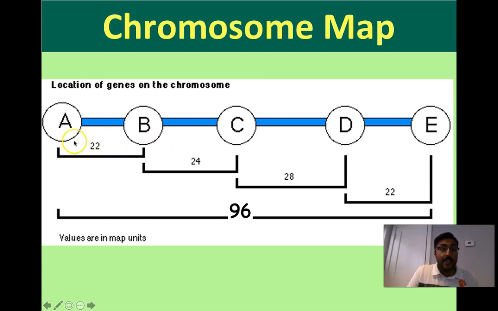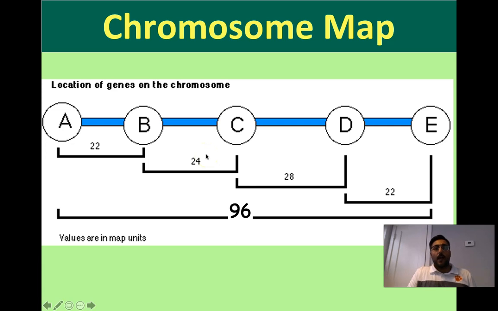Or I could say that A and C are 22 plus 24. So gene A and gene C are 46 map units apart, right? A and C are 46 map units apart. You just got to add the two distances up.